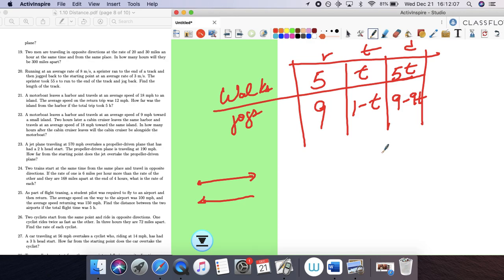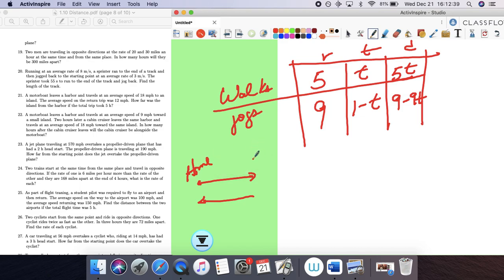It says the distance from the home to college is 8 kilometers. So here's your home.